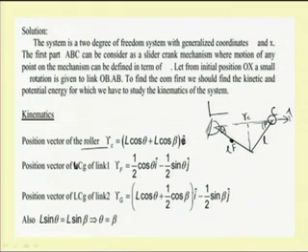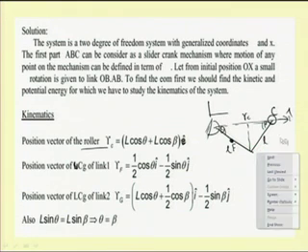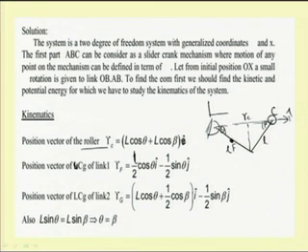This is point F. It will be L by 2 cos theta I minus L by 2 sin theta j, where this is the I direction and this is J. Similarly, the position vector of this point G can be written as this plus this distance: L cos theta plus L by 2 cos beta I minus L by 2 sin beta j.